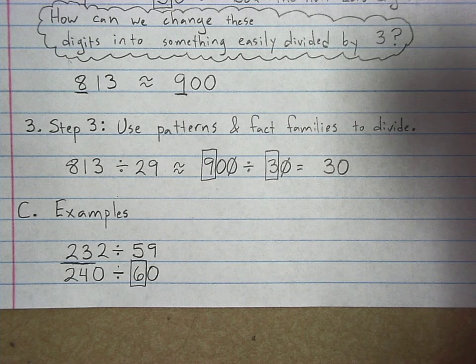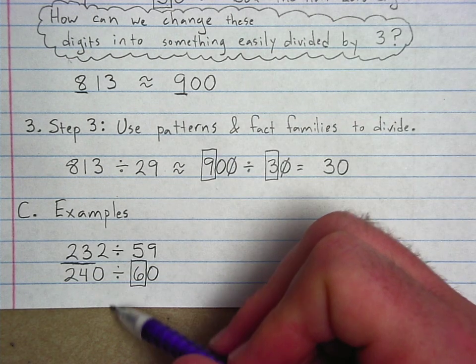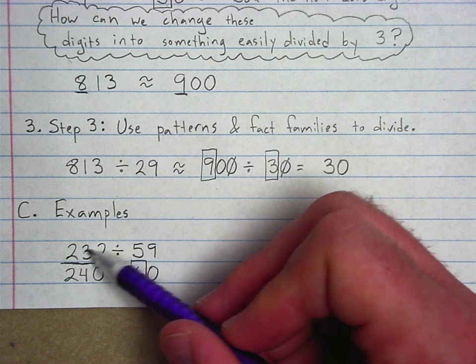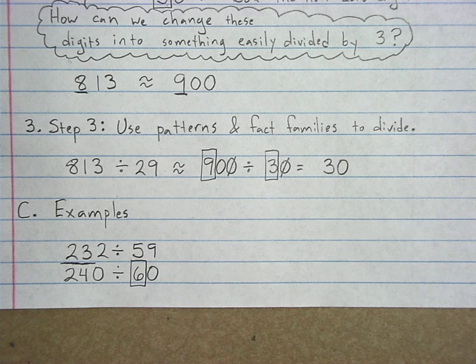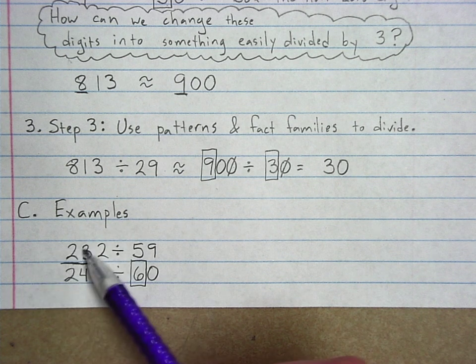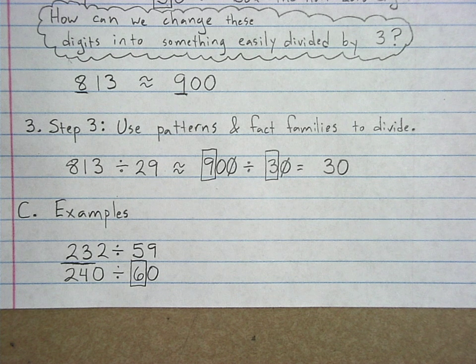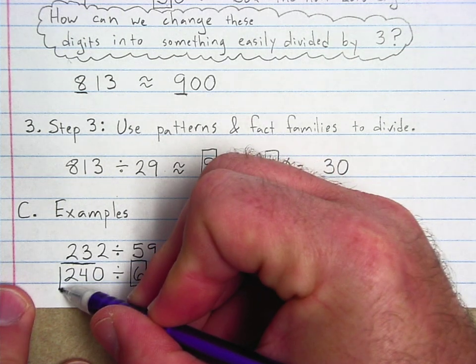Now, again, I understand this is not really the way we would normally round. This should go down to 230, shouldn't it, normally? The problem is 230 is not easy to divide by 60. 200 is not easy to divide by 60. We use compatible numbers. We're going to pick something that's close. All right.